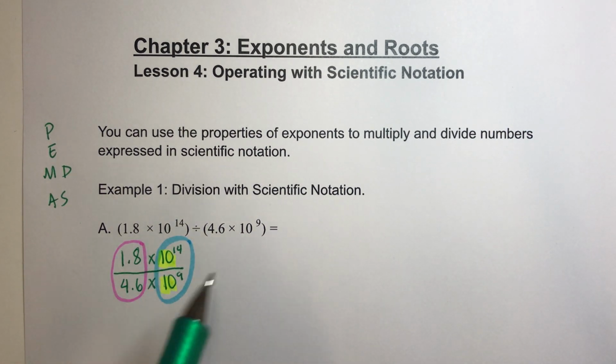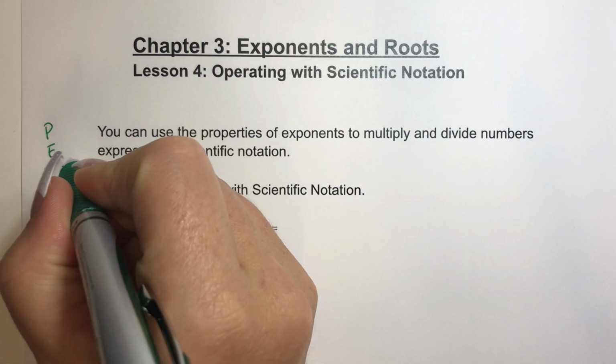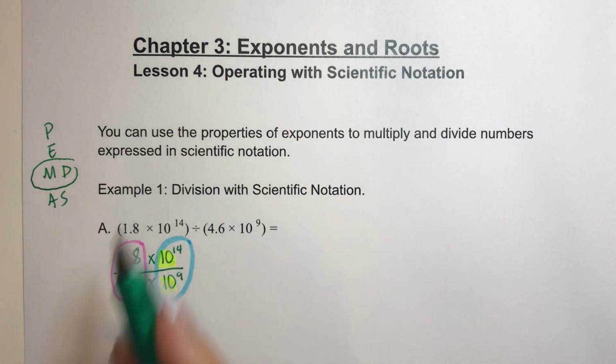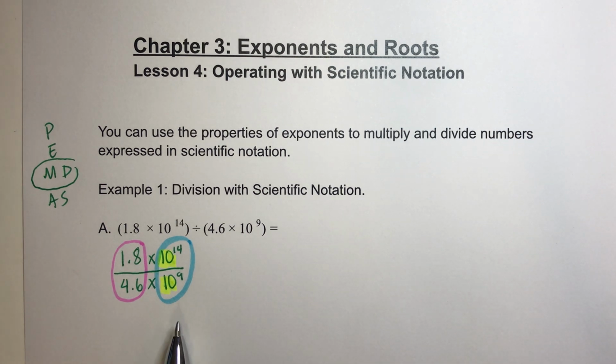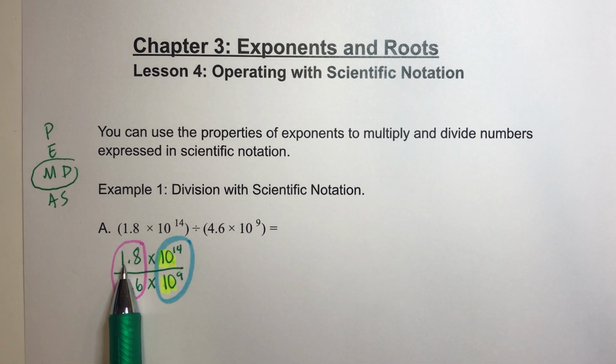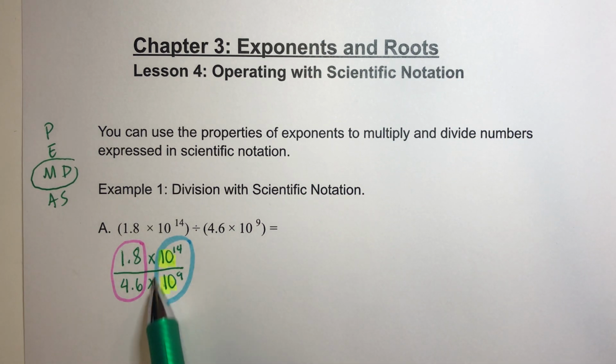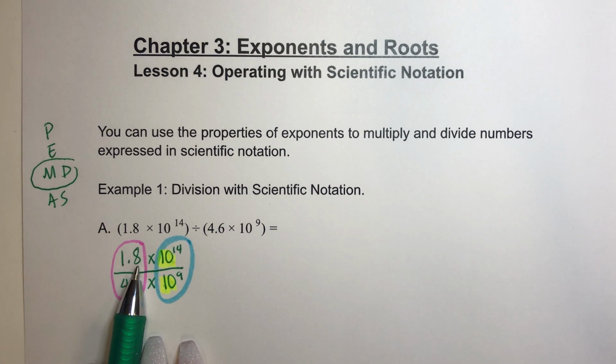Everything here is multiplication and division, so it doesn't really matter the order in which we do things. I'm just changing up the order, dividing these numbers and then these numbers in parts, and you can do that because they're all at the same level in the order of operations. So let's go ahead and try this first.